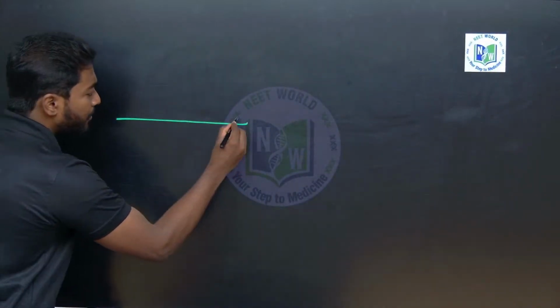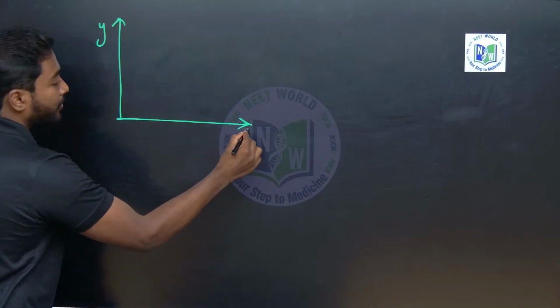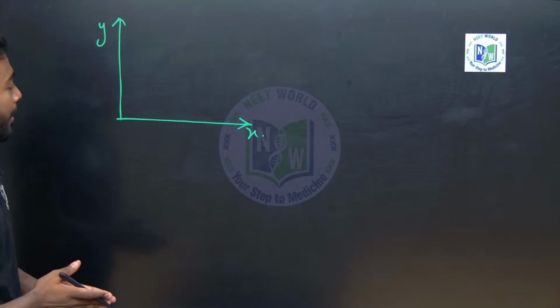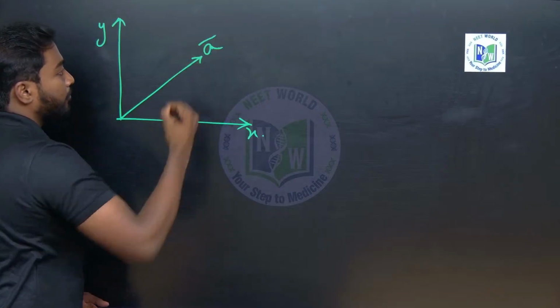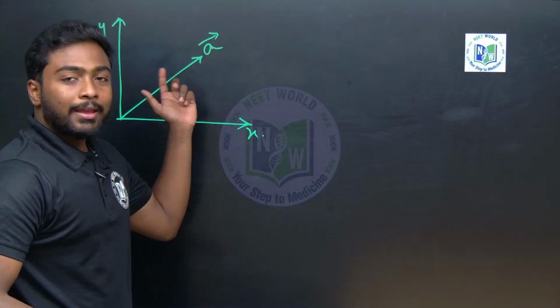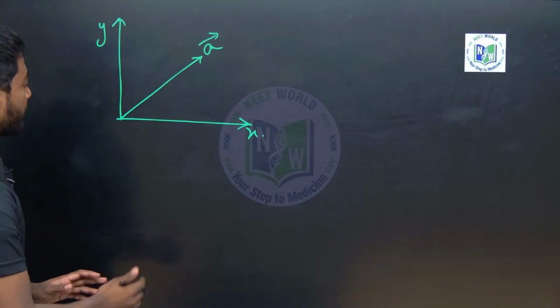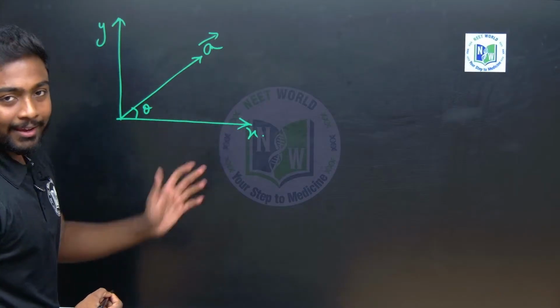Let me take the x and y axes. This is the y axis and this is the x axis. There is a vector A. In the x axis and y axis I should take the components. This is the angle made by the vector with respect to the x axis.